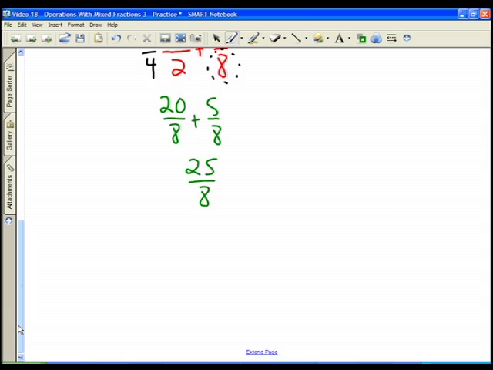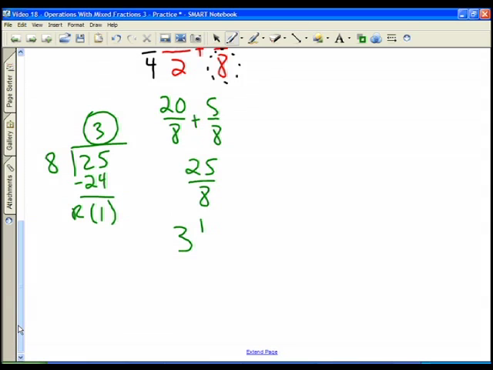And 25 eighths as a mixed fraction, 8 goes into 25 3 times. 3 times 8 is 24, and 25 minus 24 is a remainder of 1. So when we change that to a mixed fraction, we get 3 wholes and a remainder of 1/8. So the answer to the last practice problem is 3 1/8.